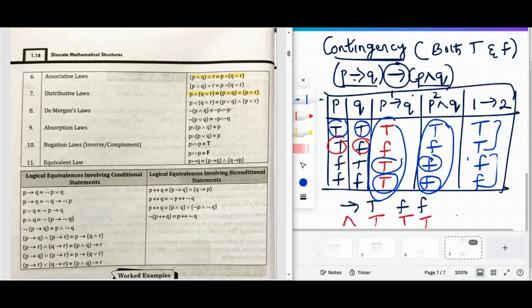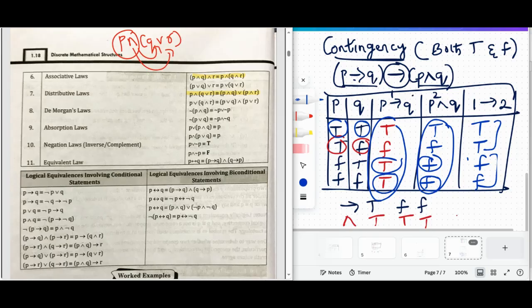Distributive means if suppose you have a chocolate and two friends, we can distribute the chocolate to the two friends. So you can take P and (Q or R). Chocolate is given to P, and Q and R are your two friends. So P and Q or P and R will be the distributive property.